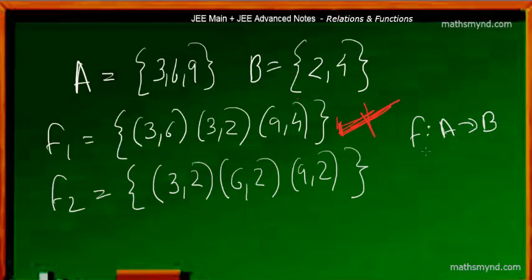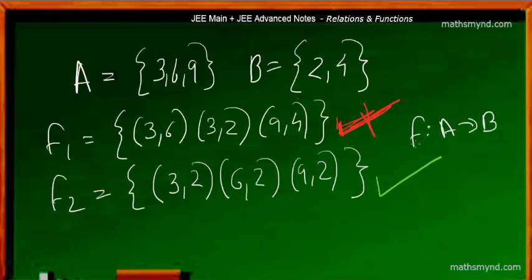The only thing is that a single element in A shouldn't be having two B images. Such a situation doesn't exist. More than that, all the elements of A are participating in the function. So the second function is a proper function.